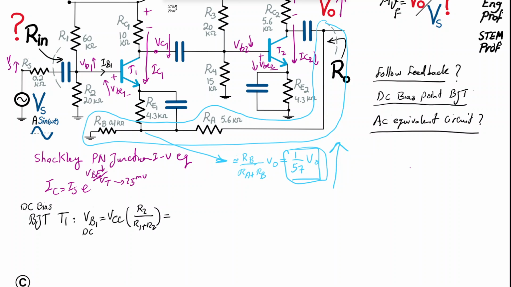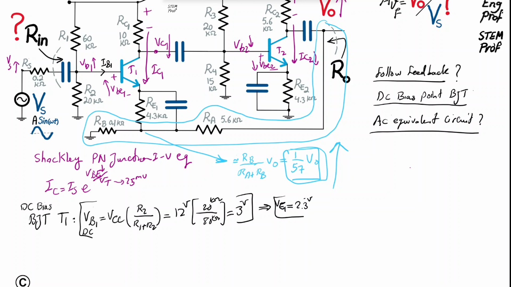So we're talking about 12 volt times 20 kilo ohm, and the sum of the 20 and 60, which is 80 kilo ohm. So it's effectively just 1/4 of 12. So the base of transistor 1 is at 3 volt roughly. Okay. So as a result, the emitter of transistor 1 is V base minus 0.7 DC bias, so it's going to be 2.3 volt.